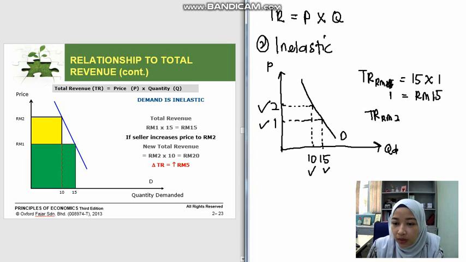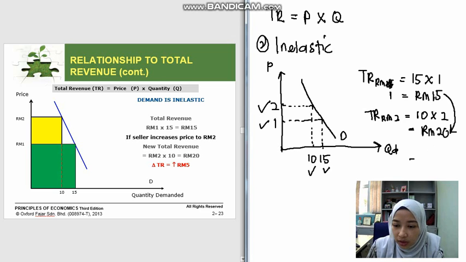So when the price is at 2 ringgit, the total revenue is 10 units times 2 ringgit. So you get RM20. So what you can see here is your revenue is increasing from 15 ringgit to 20 ringgit.